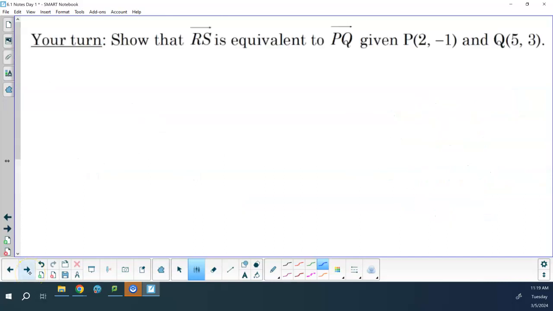If P and Q are there, show that that is the same as vector RS. So vector RS, once again, was the vector 3, 4. You show me that PQ is an equivalent vector to them.